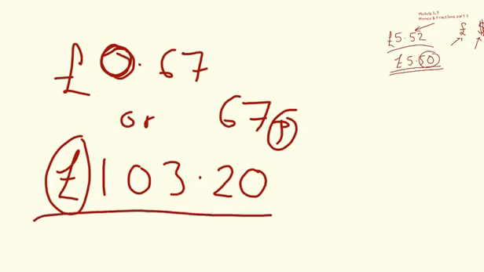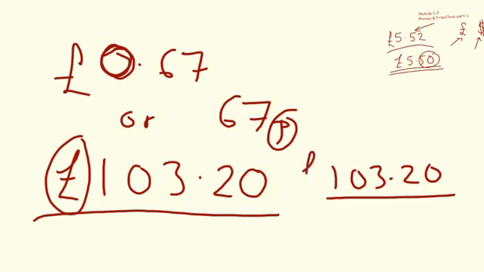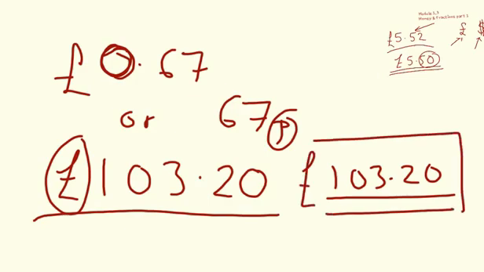And then that's complete. You cannot write this. It means nothing to us. What does that mean? 103.20 doesn't mean anything. You put the pound sign, then it means, oh, this is money. So very important to know that.